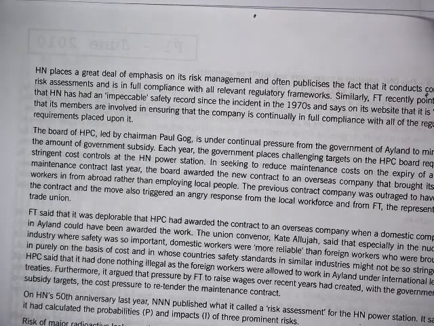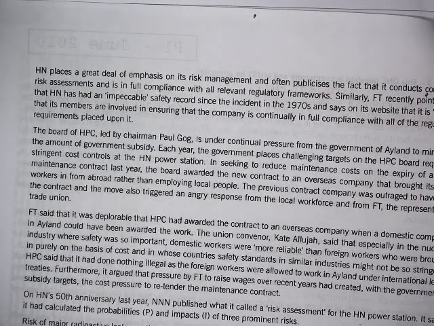HM places a great deal of emphasis on its risk management and often publicizes the fact that it conducts continual risk assessment and is in full compliance with the relevant regulatory framework. Similarly, FT recently pointed out that HN had an impeccable safety record since the incident in 1970.